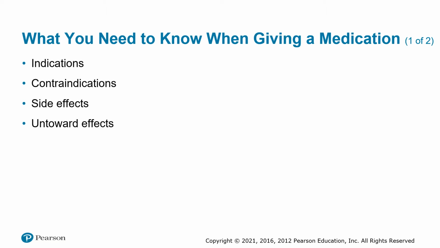Contraindications would be anything that would suggest a reason not to give that medication. There are also absolute contraindications and relative contraindications, which would be a reason not to give that drug.